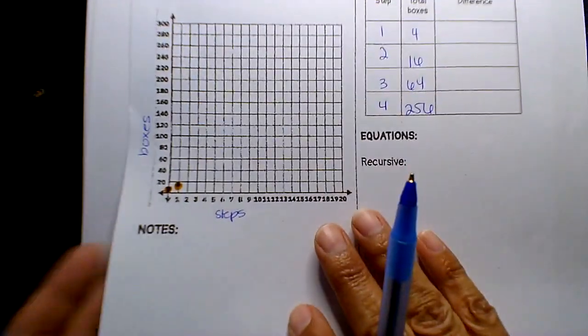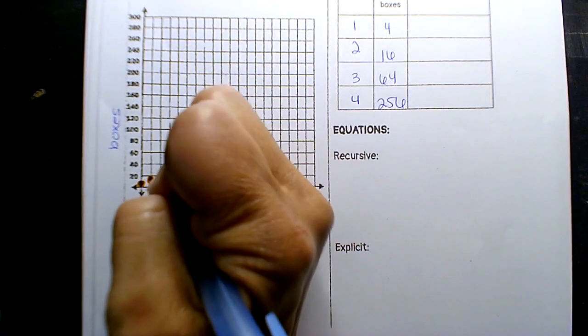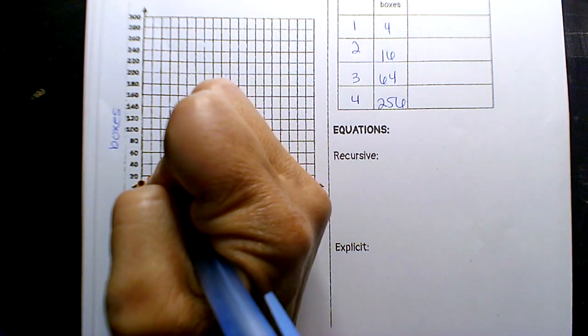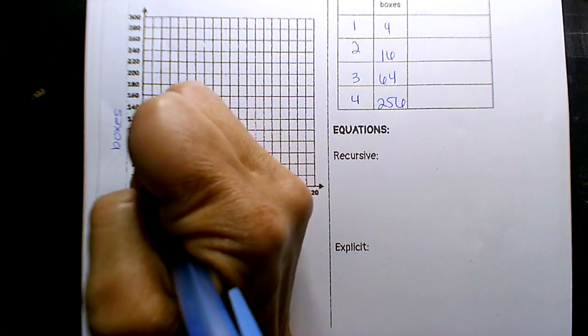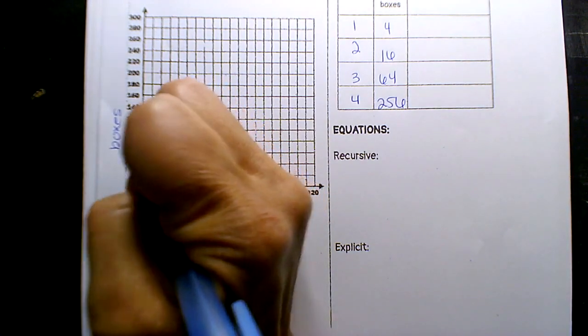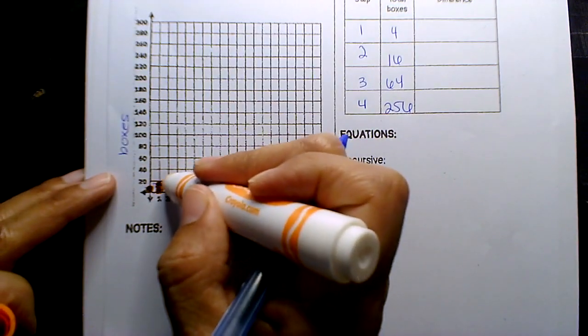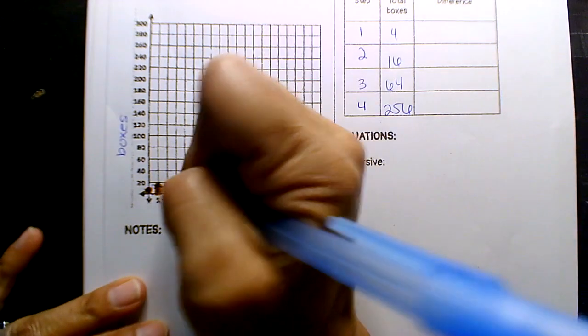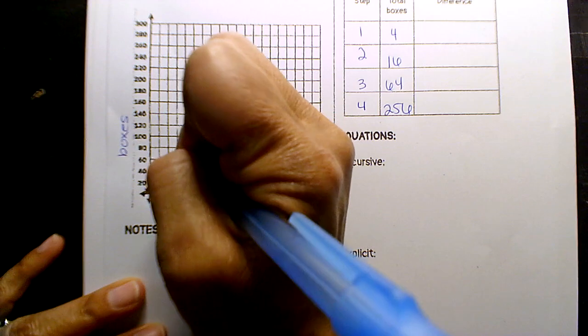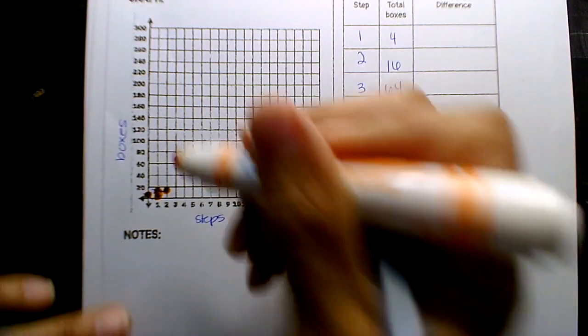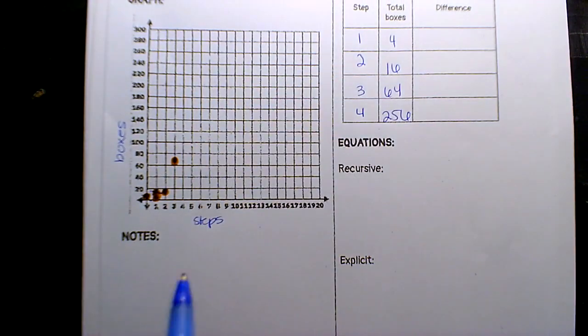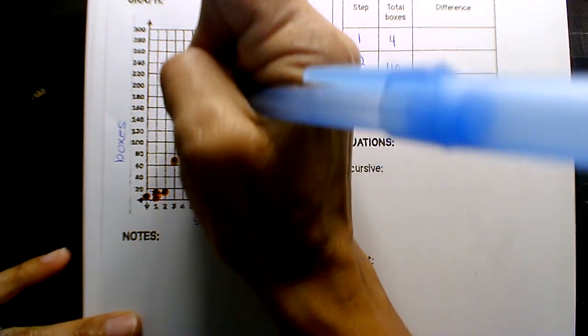I thought that was a 2 really quick. This is the 2. So that's the one that's a 0. All right, so my points are a little off. So that should be here. That should be here. Okay, 3 is 64. And then 4 is 256.